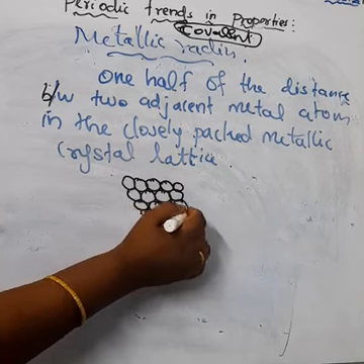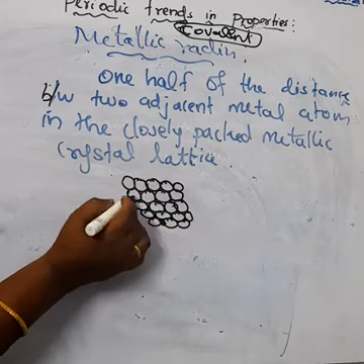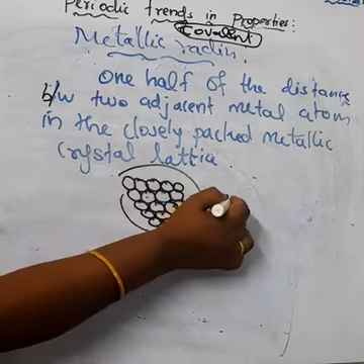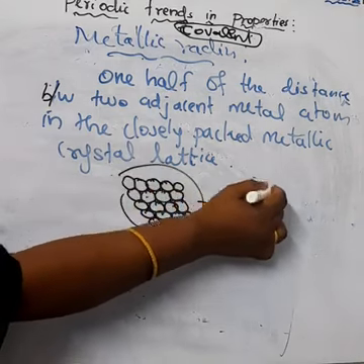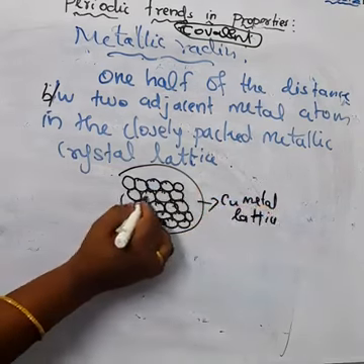For example, we are taking the distance between two adjacent copper atoms. This is the copper metal lattice. This is what the metallic radius means: the distance between the adjacent copper atoms.